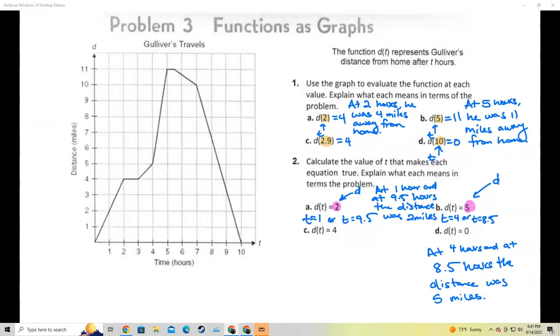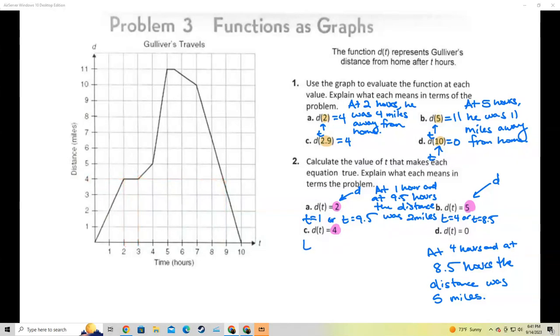All right, we're going to try to speed run the next ones. d of t equals 4. Let's see. d of t equals 4. I know that that 4 is on the outside. That makes it a d. d equals 4 is right here. When does it equal 4? Well, it happens at 2. It happens at 3. And it happens like at 8.7.